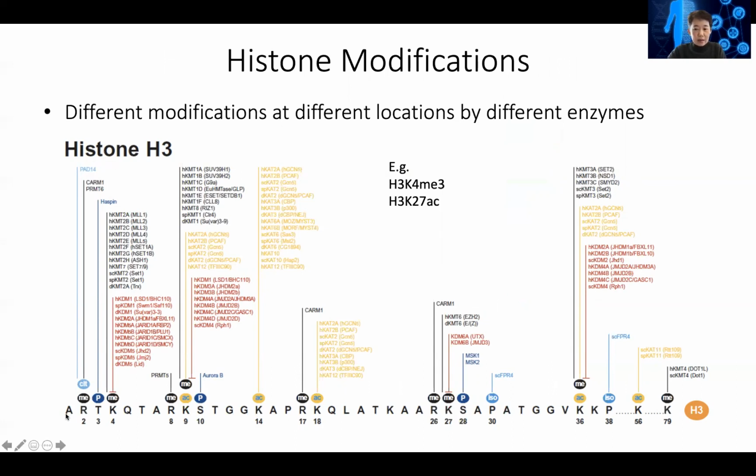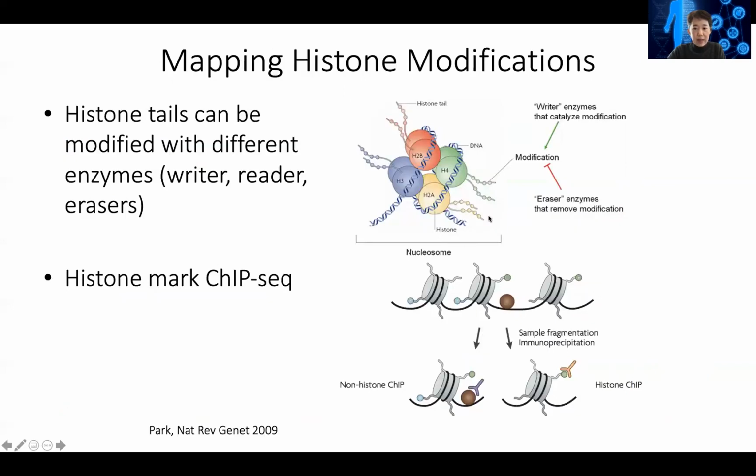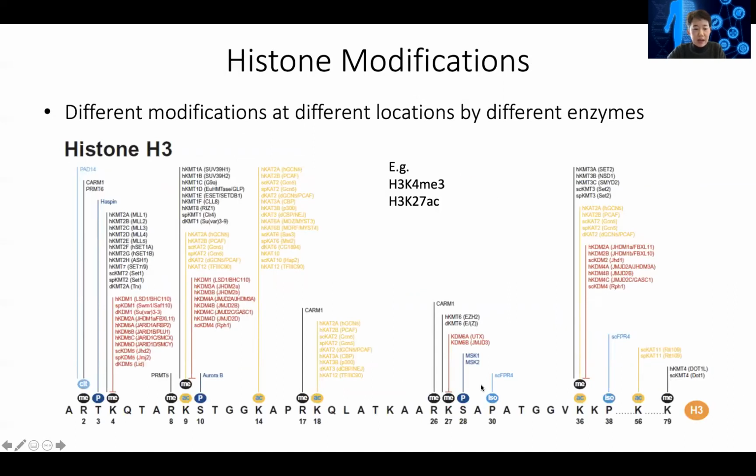Position 1 is at the end here, and as you go inside it will be more like position 79. You can see here that most of the modifications happen on arginine and lysine: R is arginine, K is lysine, and also threonine T and serine S.